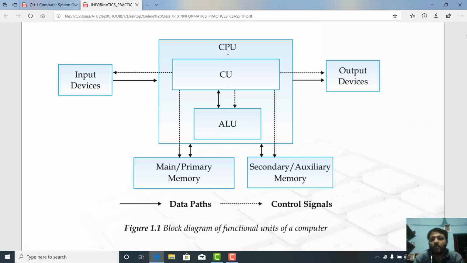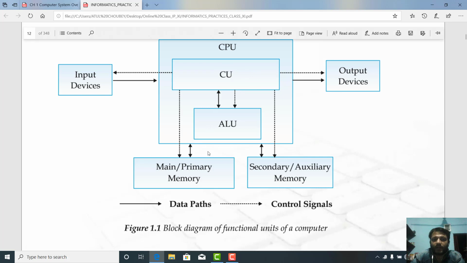The full form of CPU is Central Processing Unit. Next, CU. This is Control Unit. And next, ALU.